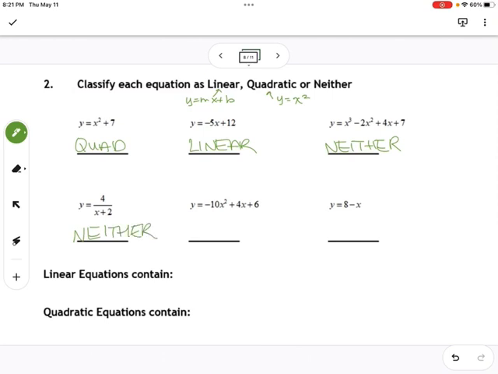Next one, y equals -10x squared plus 4x plus 6. Because we have the x squared there, that's the highest exponent. This one is quadratic. And then we have y equals 8 minus x. So this is the same as saying y equals -x plus 8, which is in the form y equals mx plus b, so this one's linear.